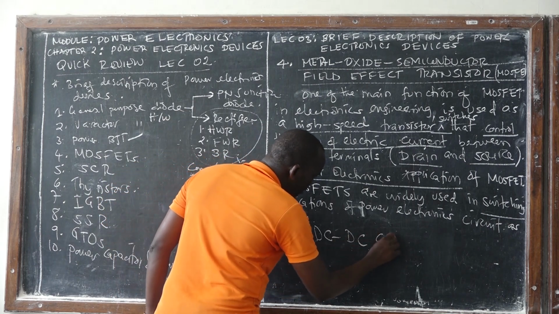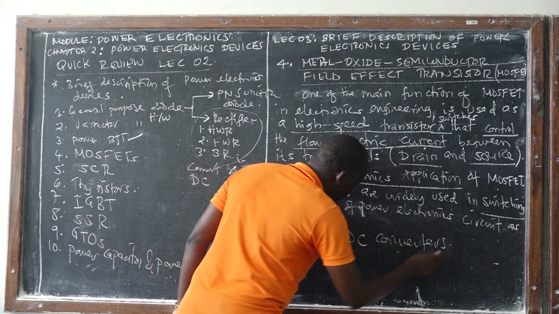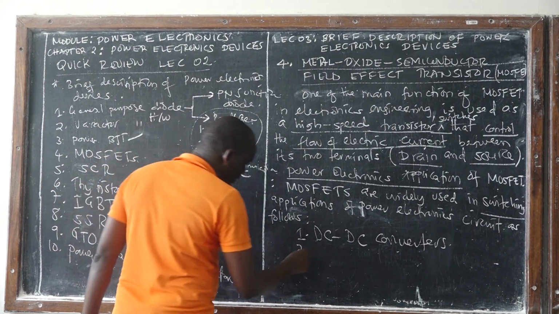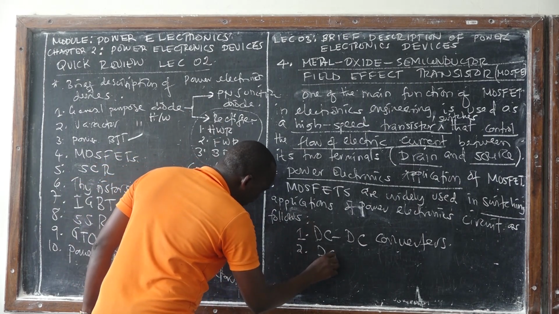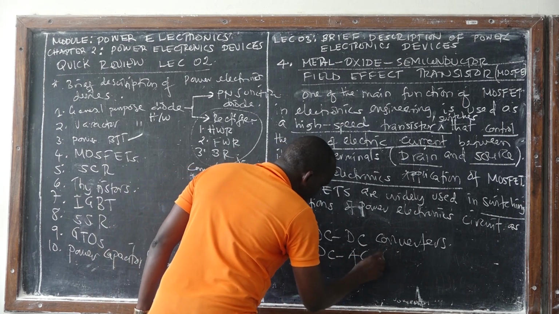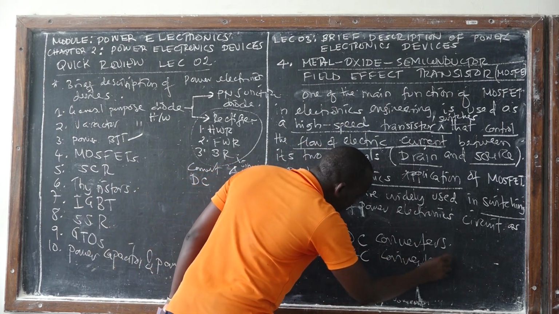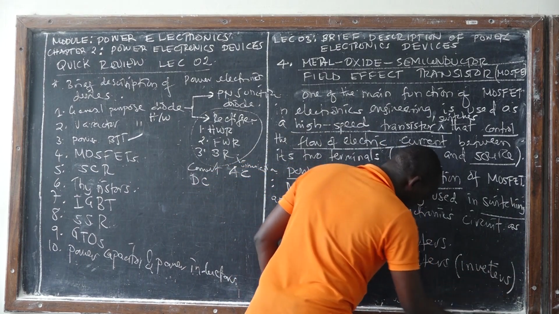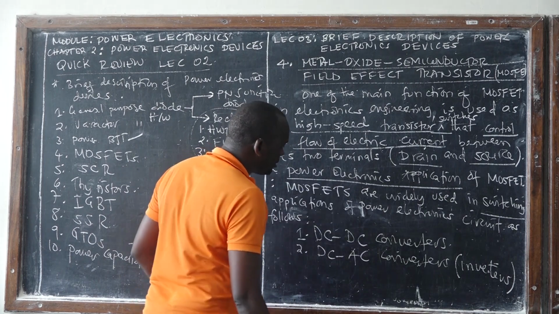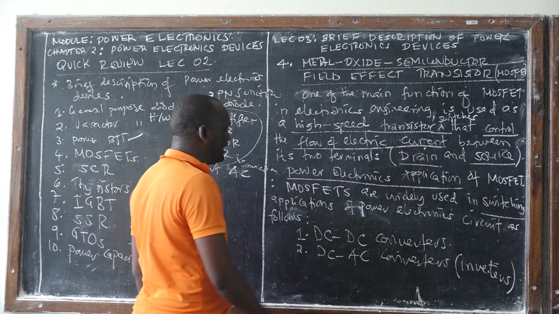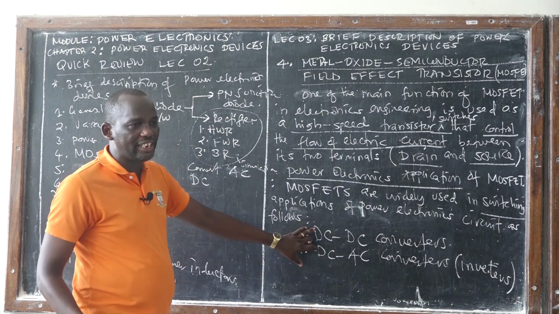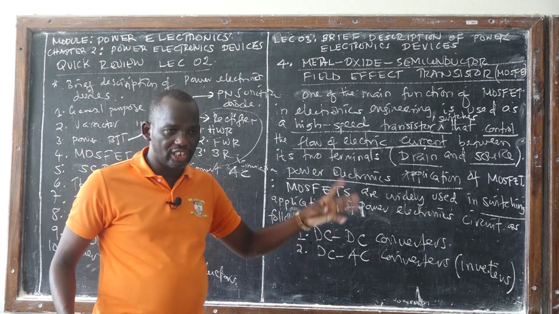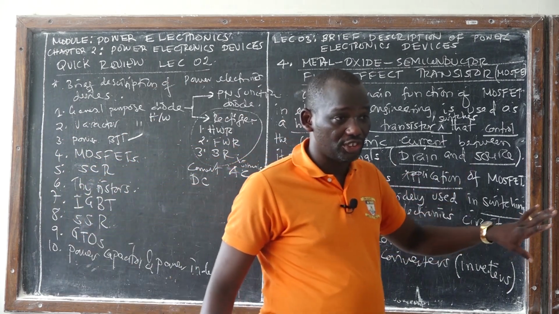And the second application, we are also using MOSFETs in DC to AC converters, which we call inverters. So we are using MOSFETs in the design of DC to DC converters, where we discuss stepping up the voltage and stepping down the voltage.